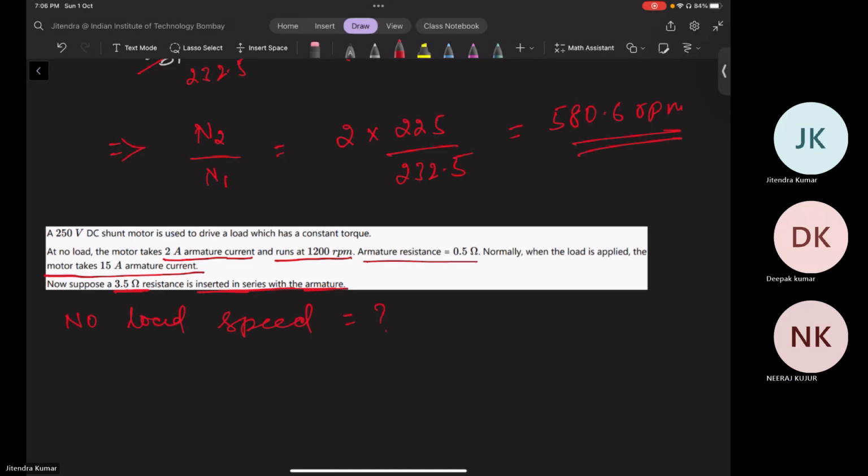Sir, speed will increase. You are saying remain the same, and you are saying increase. Okay, we will see what will happen. Basically, you do not need to guess here. It is very straightforward. You are being asked about a speed, so the first thing you should do is write the equation of back EMF.